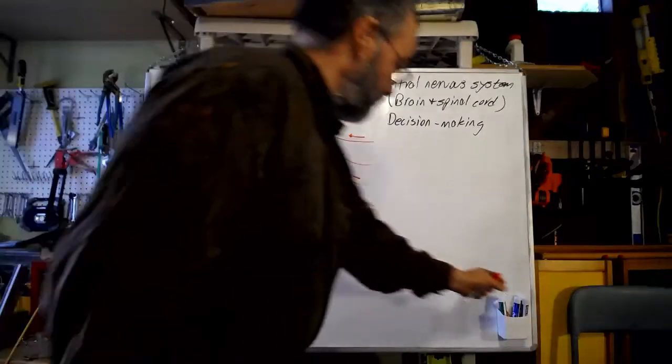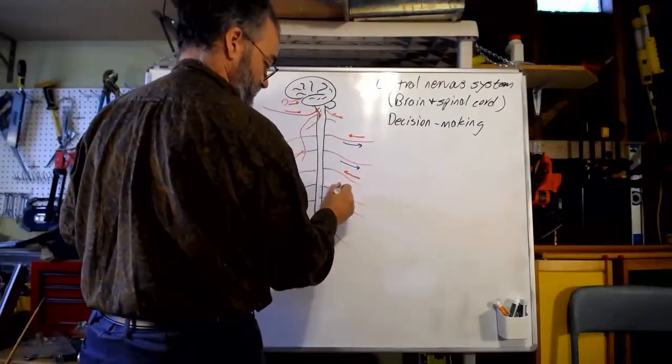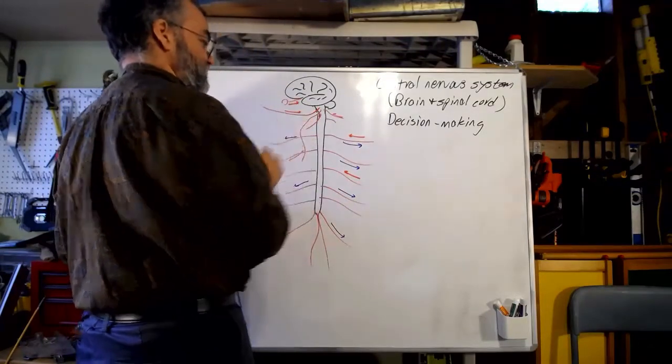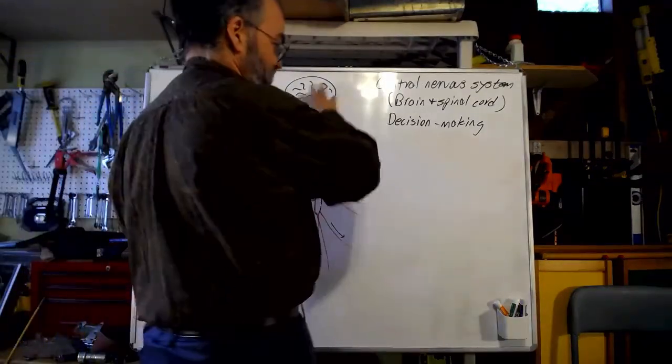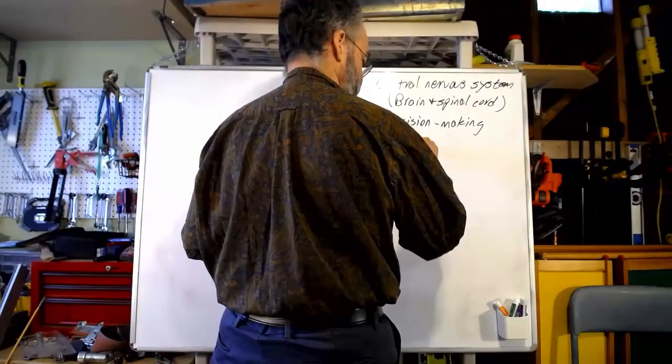And also parts of that which are taking information out from the central nervous system out to the body. All of this stuff out here that's not the brain and spinal cord is the peripheral nervous system.